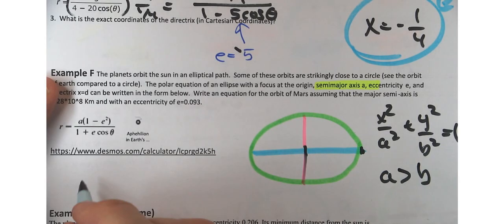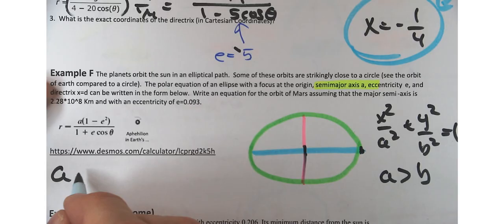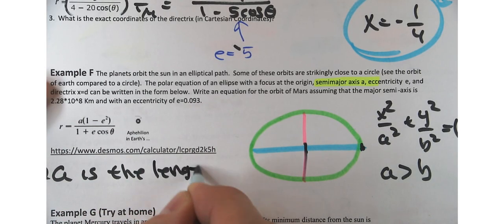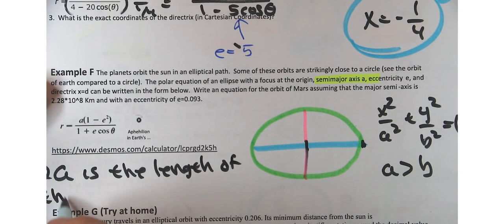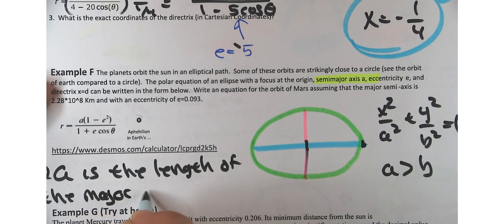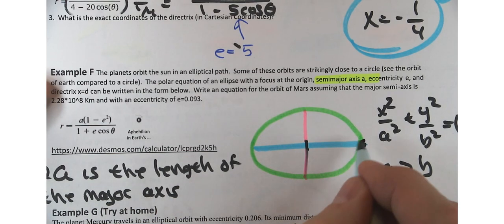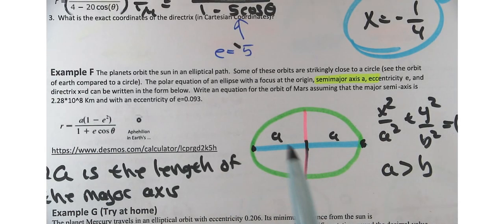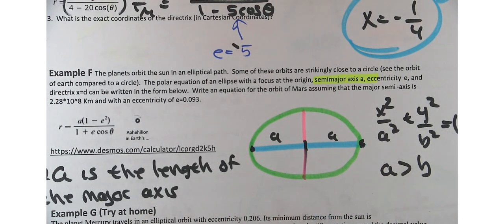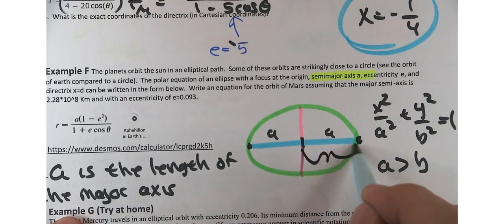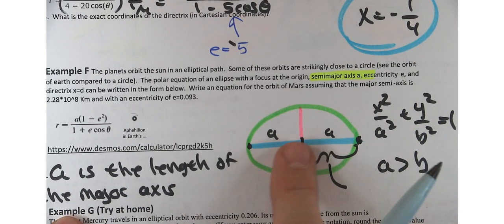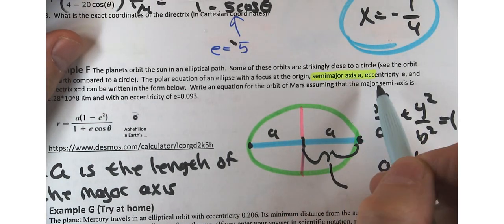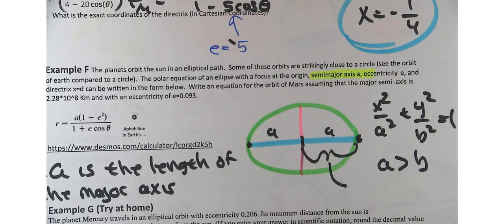So 2a is the length of the major axis, because you have a distance of a here and a distance of a here to get to your vertices. A itself is the length of half of the major axis. That's why it's called the major semi-axis, or semi-major axis.